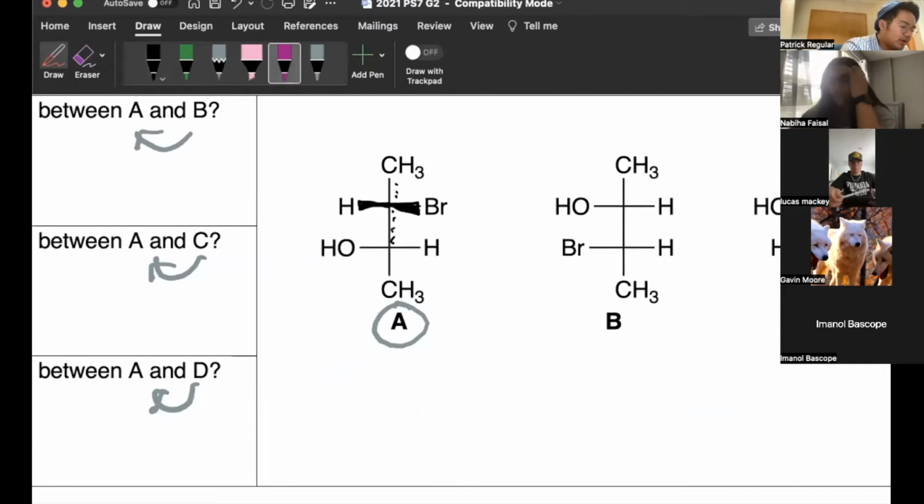I would number them. This is 1, that's obviously 4, this carbon's connected to an O so this would be 2, and this top one would be 3. If I were to look at that, that would be S.